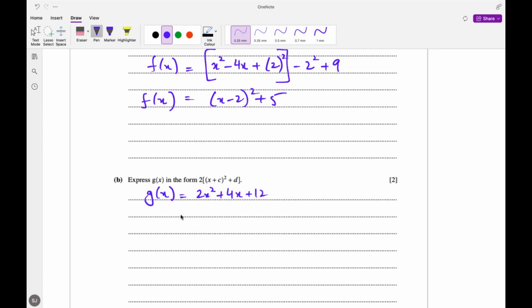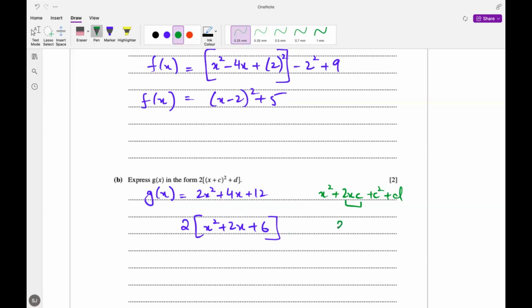So now taking 2 common from g of x, this will become x squared plus 2x plus 6. And as we have to convert it to the form x plus c whole squared plus d, expanding x plus c whole squared, that will become x squared plus 2xc plus c squared plus d. Now comparing, the coefficient of x is 2c and over here is 2.